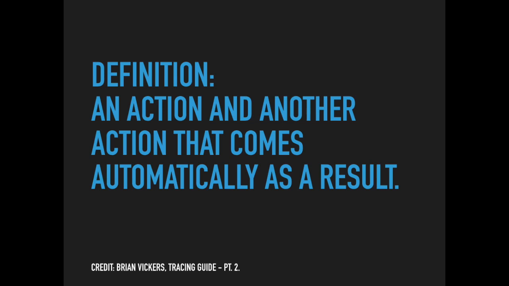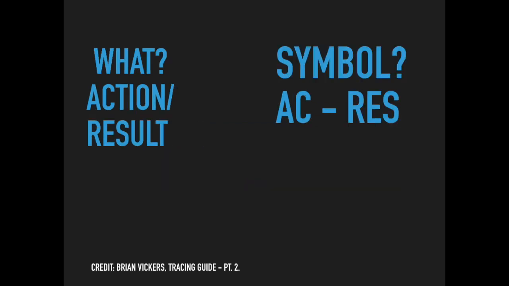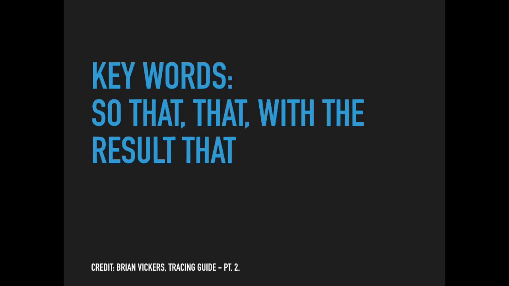The way we're going to identify an action result is AC for the action and RES for the result. The key words that we're going to be looking for are so that, and with the result that.